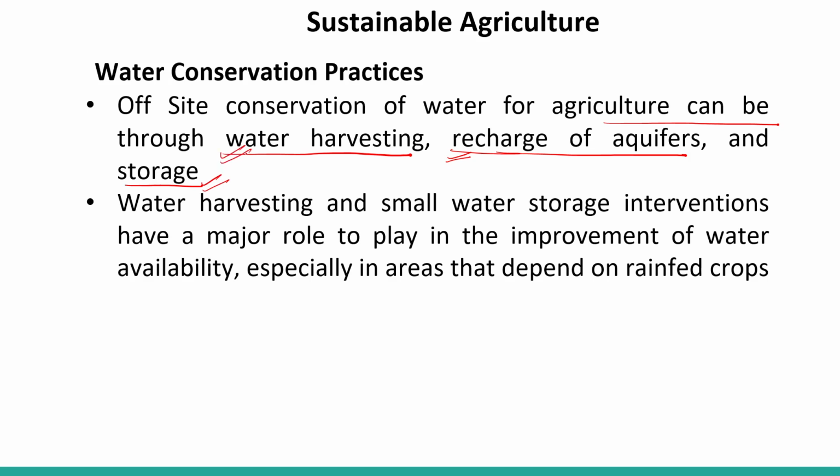So there must be water harvesting. Water harvesting and small water storage interventions have a major role to play in improving water availability, especially in areas that depend on rain-fed crops. Those areas must go for water harvesting.